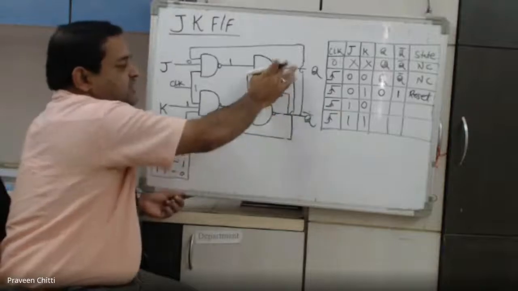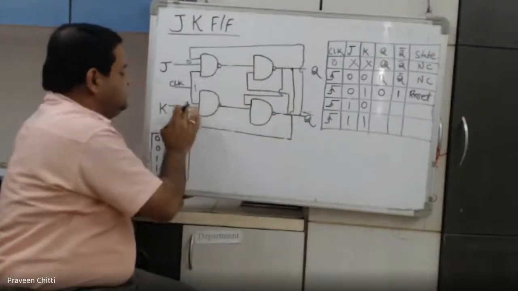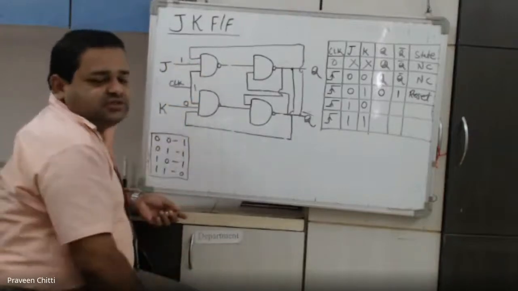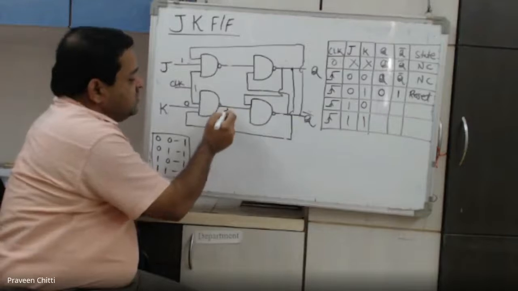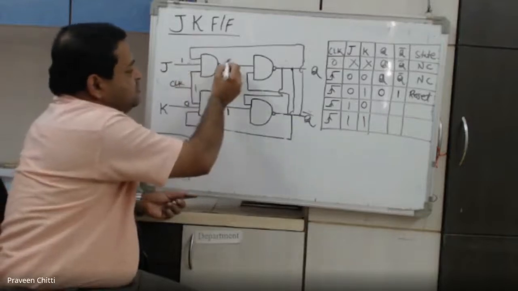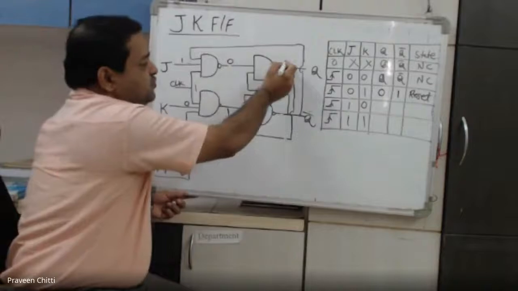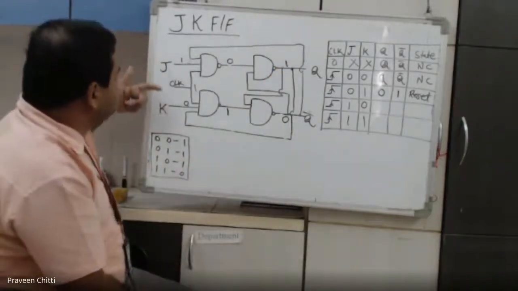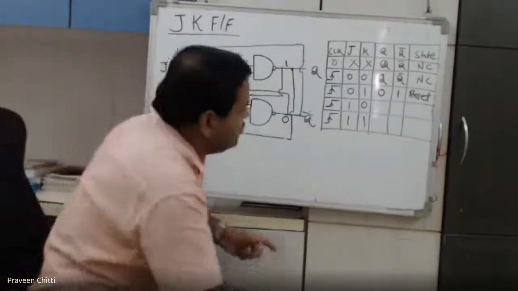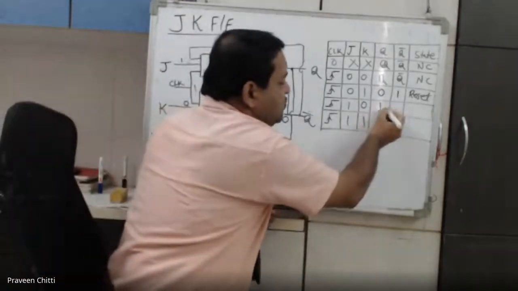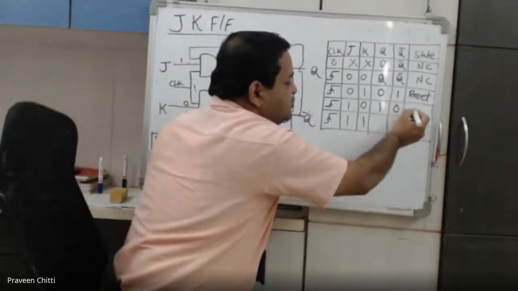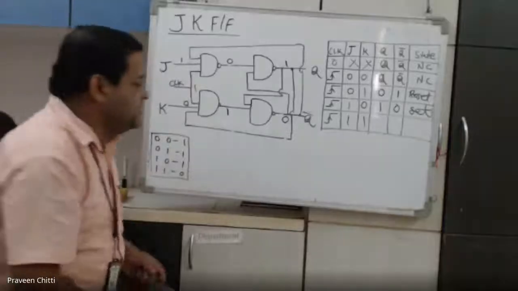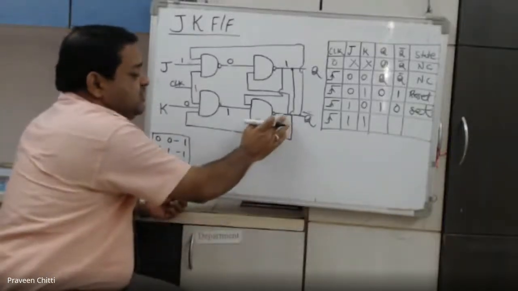Fine. Now next, if I assume J equal to 1 and K equal to 0. This 0 will force the output to 1 and this will force to 0. 0 will force to 1, 1 and 1 will give you 0. That means when we apply J equal to 1, K equal to 0, what we are going to get is Q equal to 1, Q bar equal to 0, and this state is called the set state of the latch, or set state of the flip-flop.